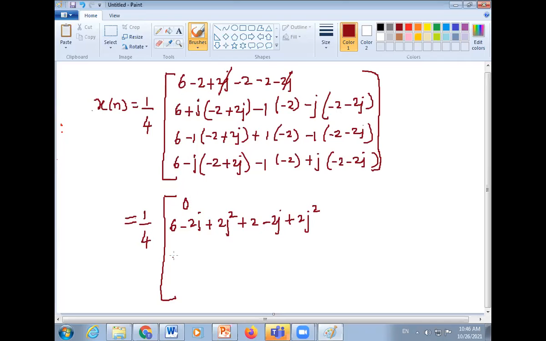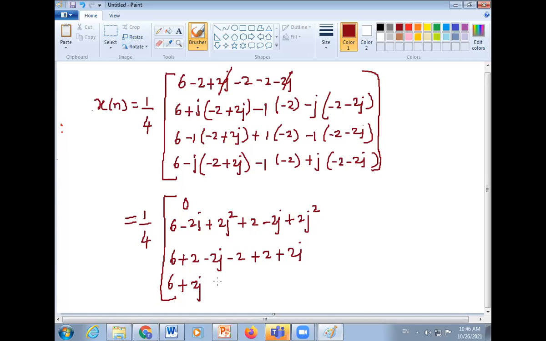Then again, this is going to be 6 minus into minus plus 2 minus 2j. Then again it is minus 2 minus into minus plus 2 minus into plus, it is 2j. Then this one 6 minus into plus, it is minus into minus, it is plus 2j.